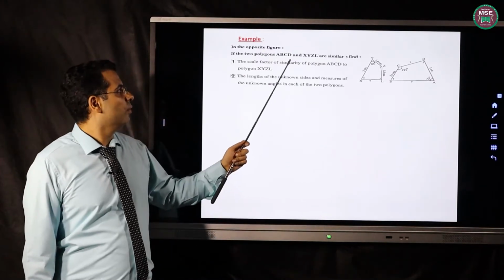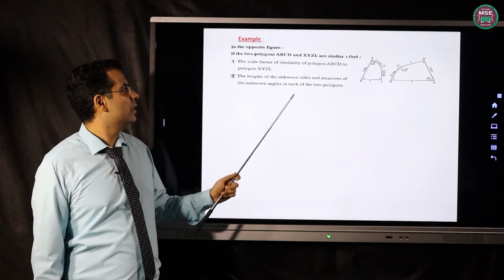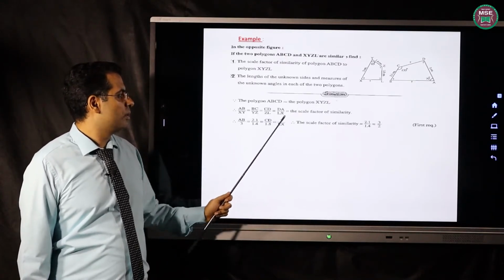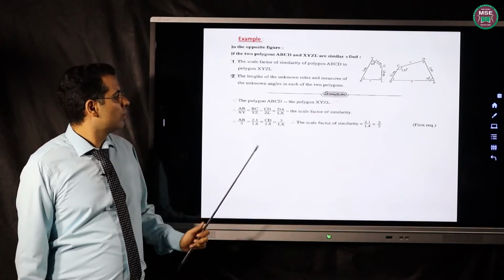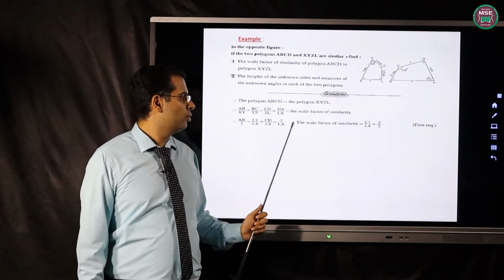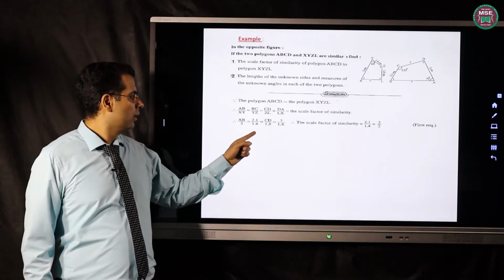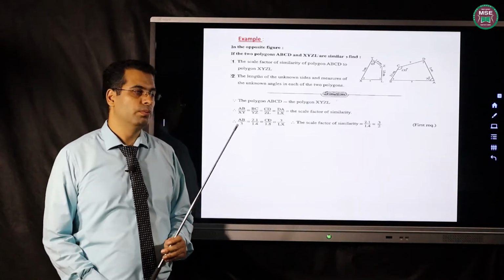AB over XY equals BC over YZ equals CD over ZL equals AD over XL. And substitute: AB over 3 equals 2.1 over 1.4 and so on. Then the scale factor we can get from this fraction: 2.1 over 1.4 equals 3 over 2.